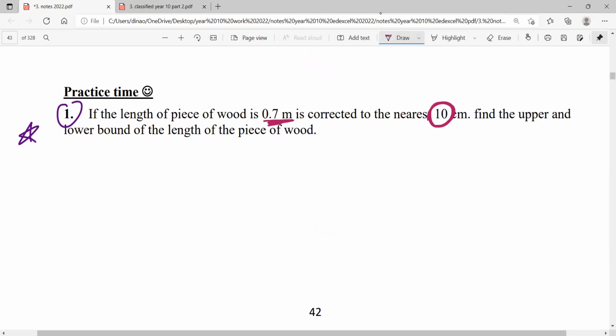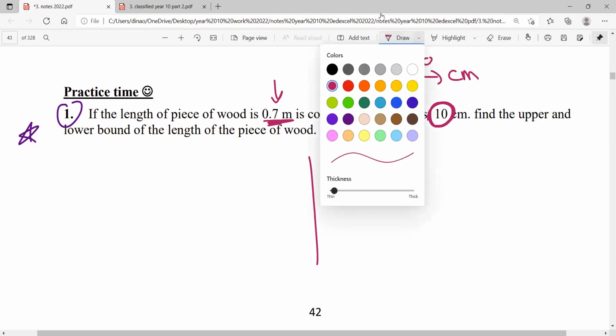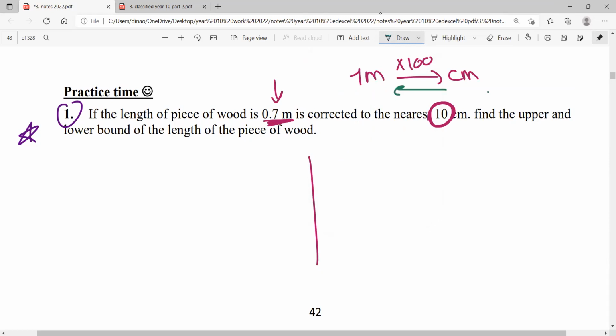I cannot find the bounds immediately. Now we're going to do it two ways. تمام. Either change this into centimeter, and let's just write the conversion first. From 1 meter to centimeter, you multiply by 100, or if you want to change from centimeter to meter, you divide by 100. So you cannot find the bounds in this question while they are different units بالشكل ده.